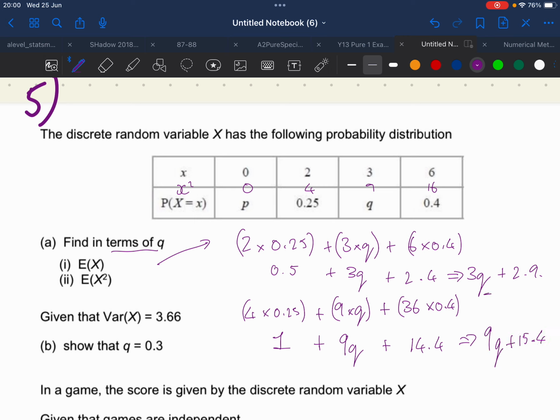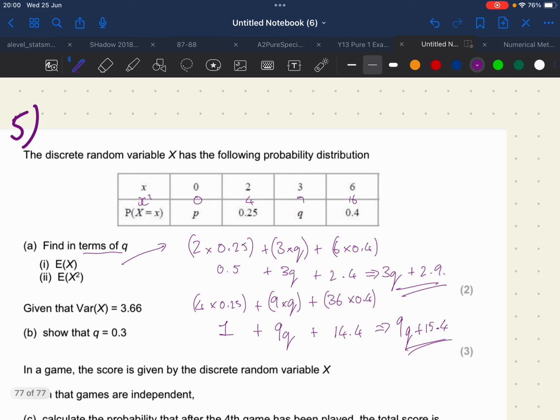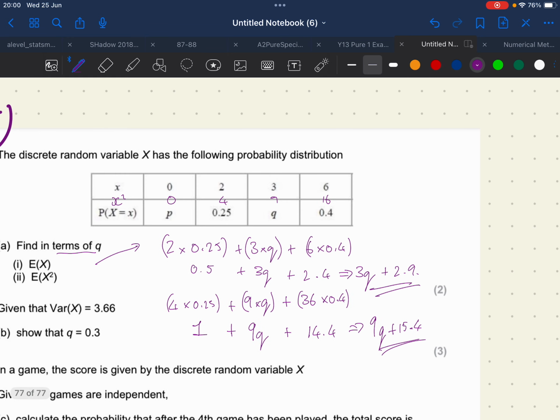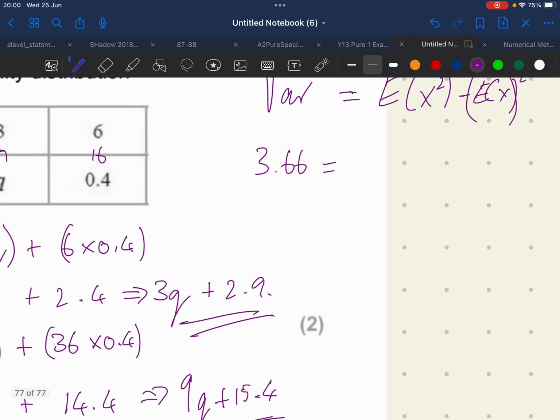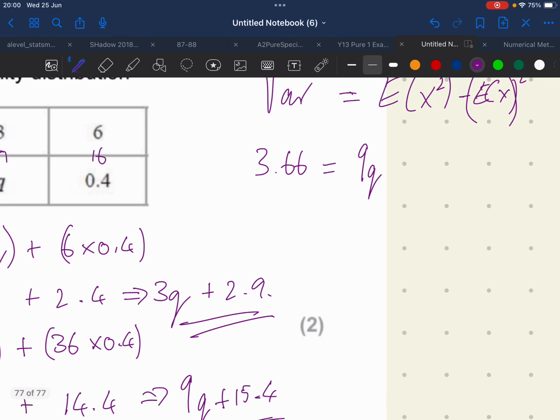Okay. Given that the variance is 3.66, that's useful. So the variance is equal to the expected value of x squared minus the expected value of x all squared. So 3.66 then is equal to 9Q plus 15.4 minus 3Q.